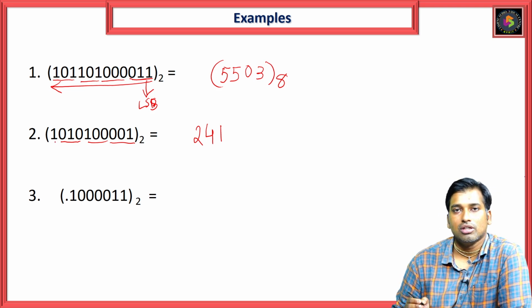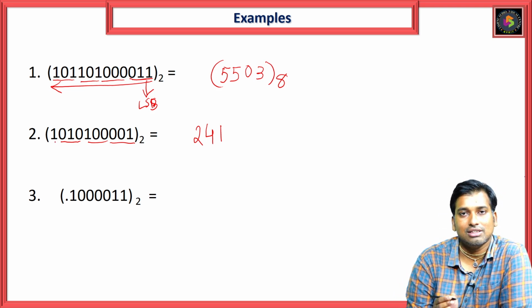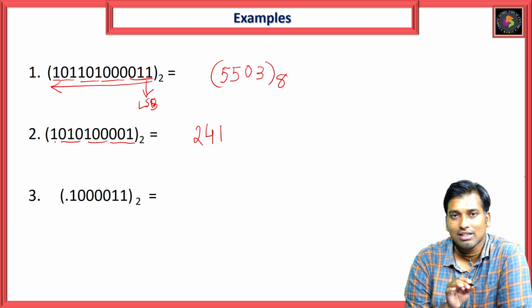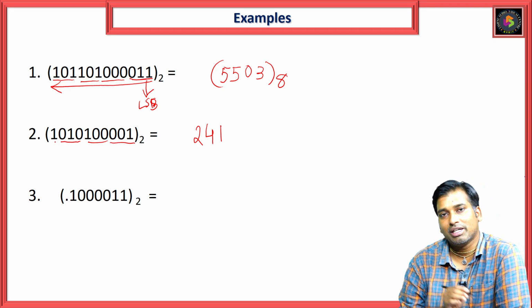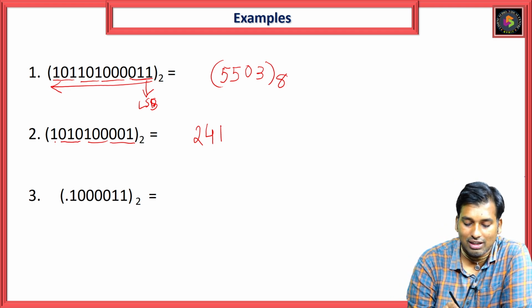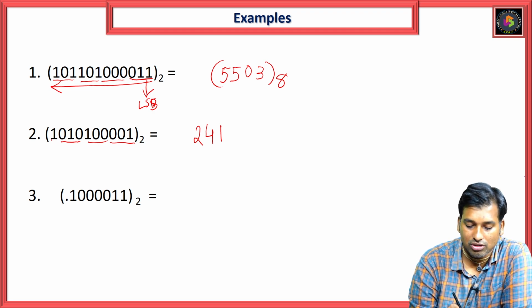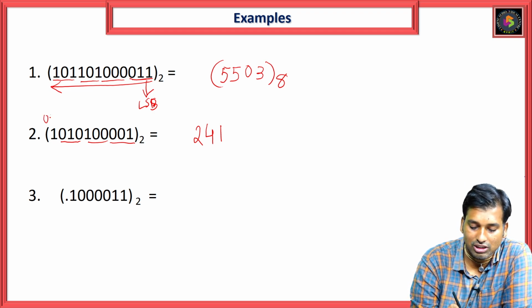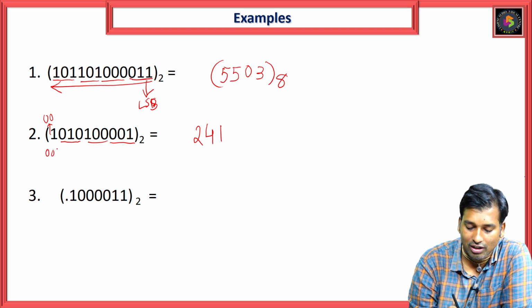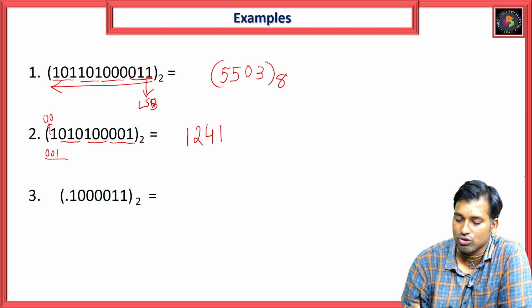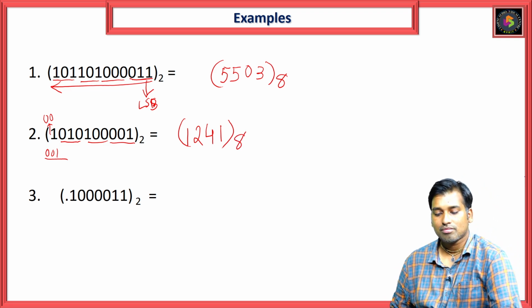What you have to do? You have to add zeros in such a way that we'll get 3 binary bits. So in the leading end, you can add 2 zeros to it. That means you can add 0, 0 here. That means here you get 0, 0, 1. It's nothing but 1, 2, 4, 1 base 8.